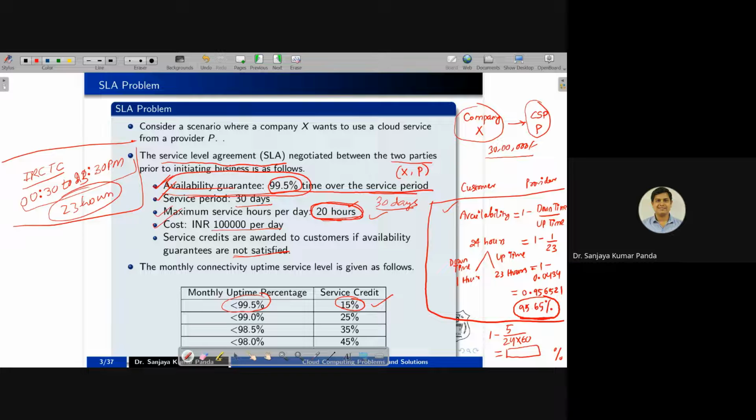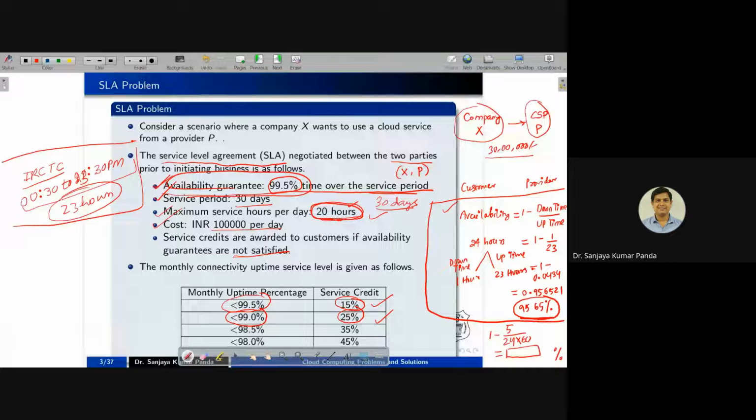But if you found that the monthly uptime percentage is less than 99% but greater than or equal to 98.5%, then the service credit is 25%. You will deduct 25% out of 30 lakhs and pay the remaining amount.